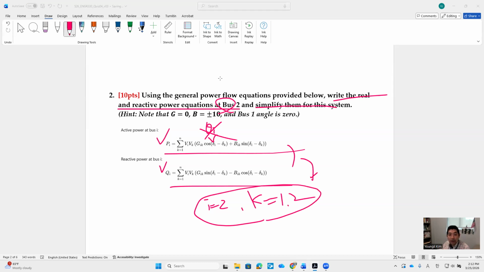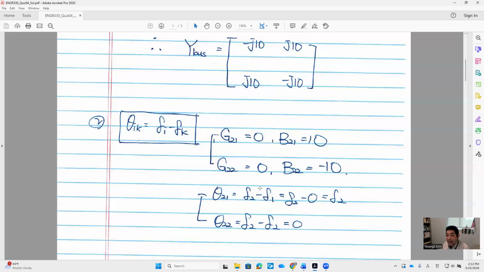So I'm going to show you the answer for question 2. Theta sub ik we learned before, and delta sub i minus delta sub k.